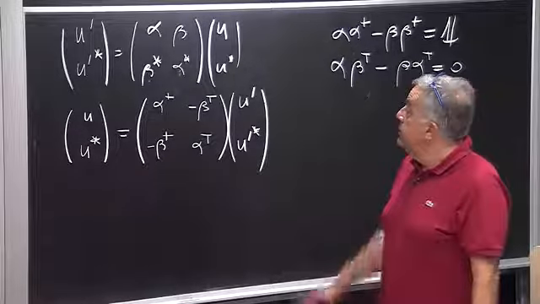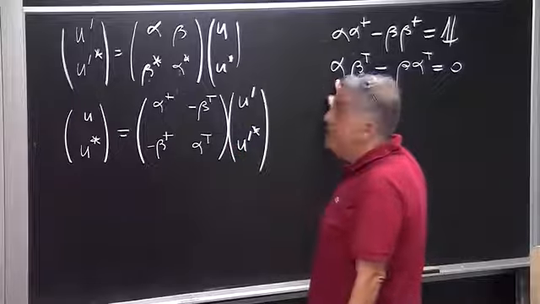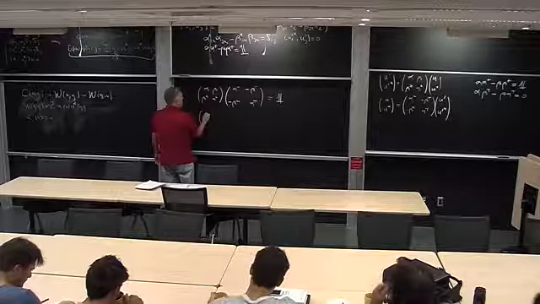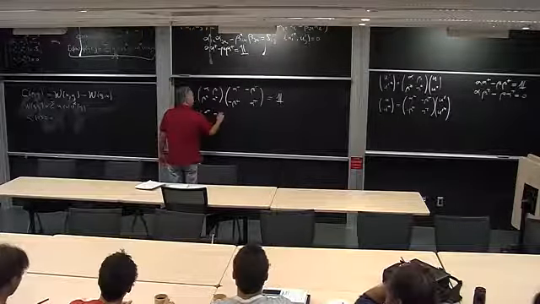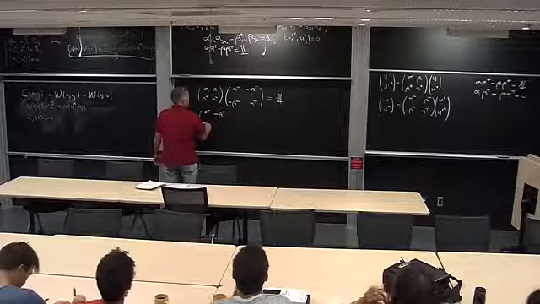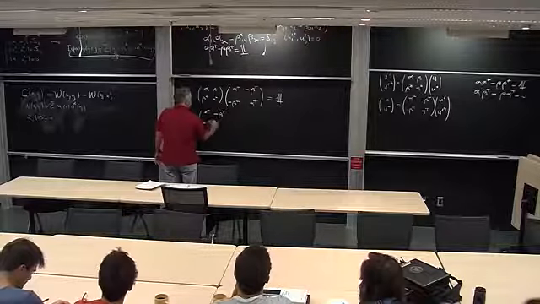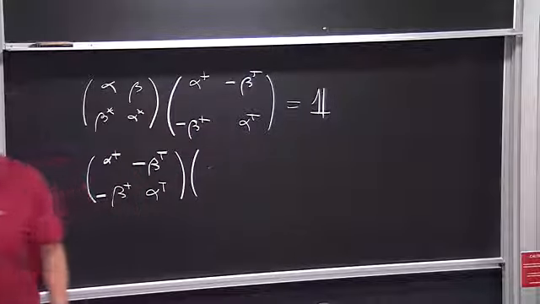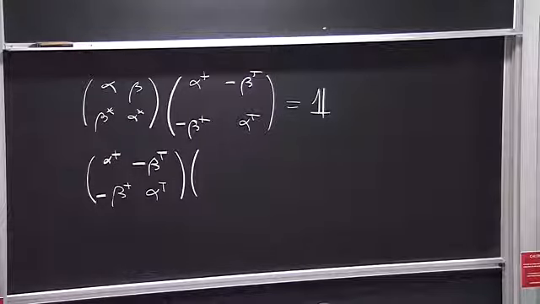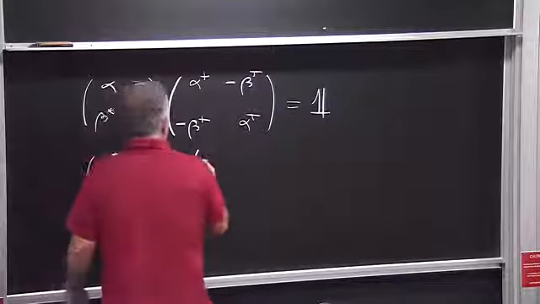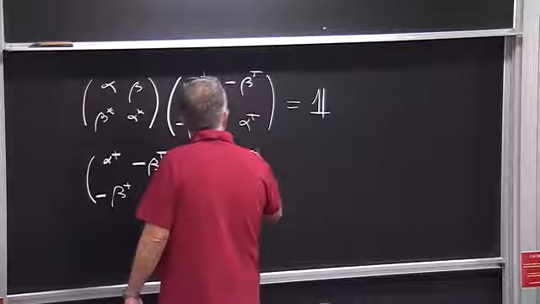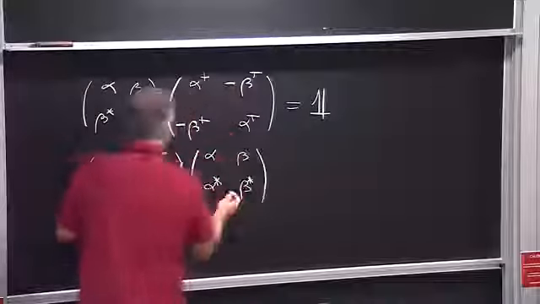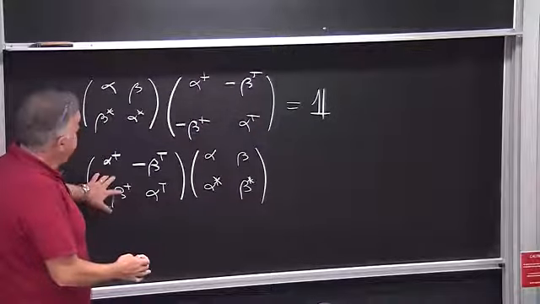We get two more relations here by computing the inverse at the left. Put here the inverse to the left and the matrix itself to the right. We get two more relations which are important to be written. Because the inverse is unique, this has to be 1. So we get two more relations.